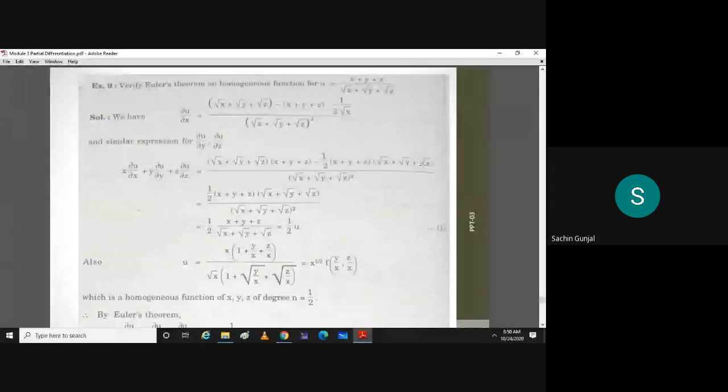Is this numerator clear to everyone? Otherwise you need to do it step by step. Is it fine if you multiply x, then y and z to these 3 terms and then add? Yeah, okay.